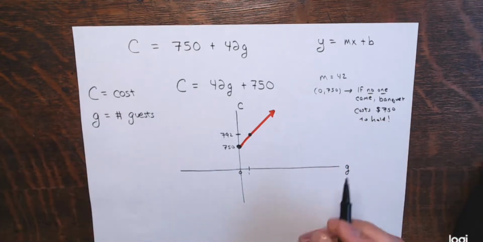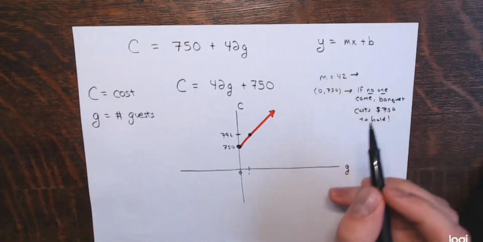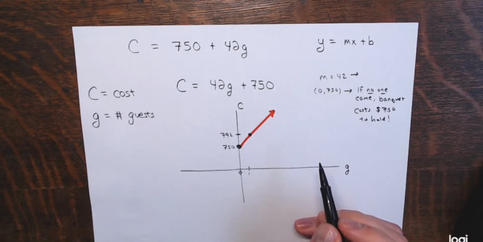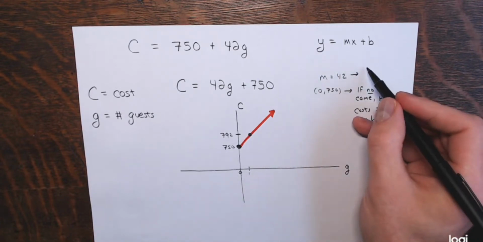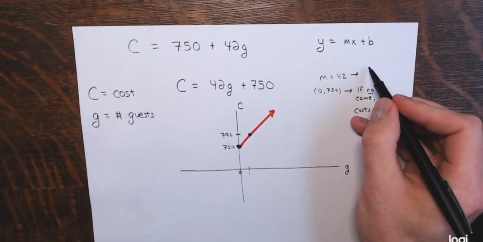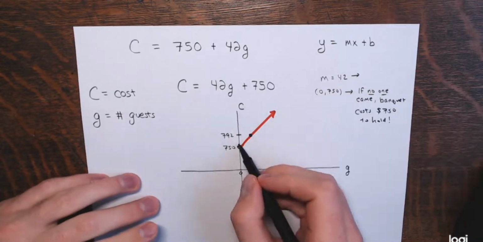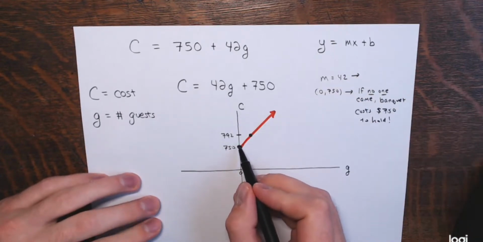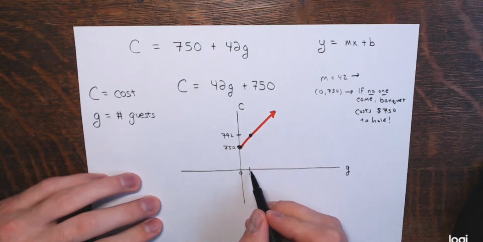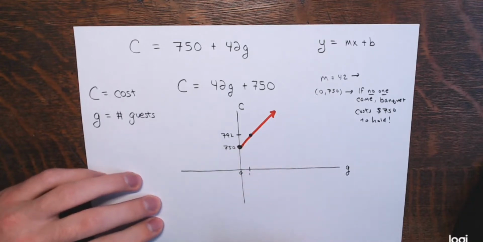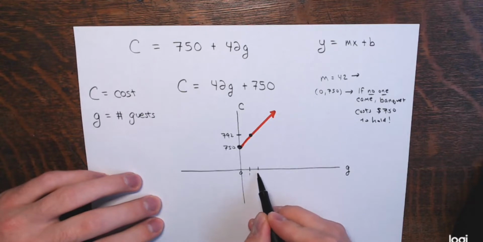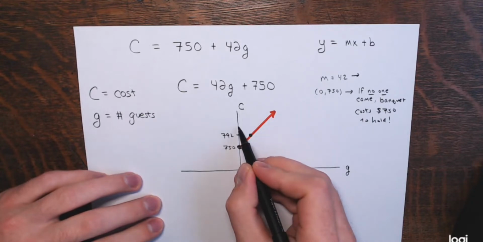Now, the slope being 42. Remember, this is a vertical change over horizontal change. Basically, it means it costs $42 every time a new guest shows up, right? If I increase the number of guests by 1, the cost goes up by 42.